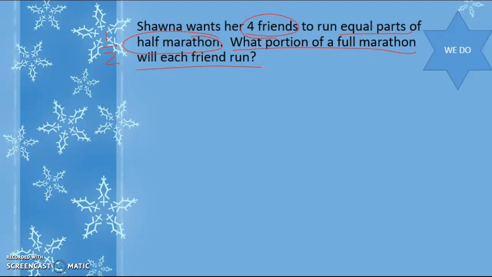So she wants her 4 friends to run equal parts of a half marathon. Uh-oh, that is not 4 divided by 1/2. That's actually half of a marathon divided by 4 friends. Each friend is going to run an equal part, but it's actually only half of a marathon. So we're actually looking at 1/2 divided by 4.